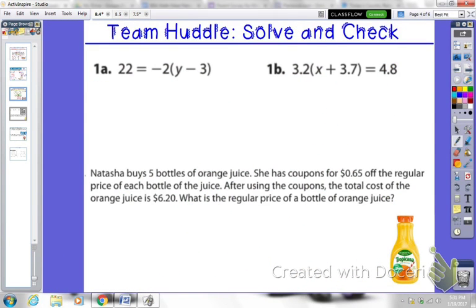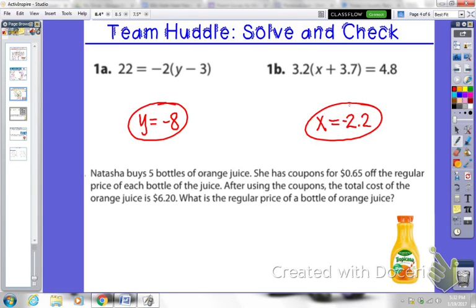All right, this is a team huddle. I'm not going to specifically go through all the work, but I will provide the answers if you would like to work them out. This is y equals -8, and this one gives you x is -2.2. And the word problem here, you should have an equation.